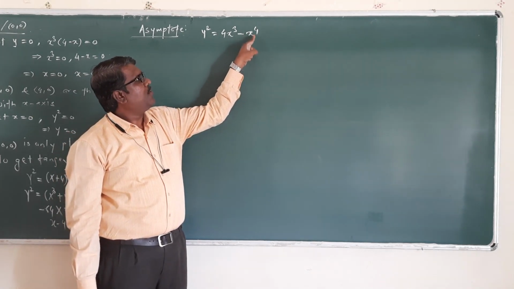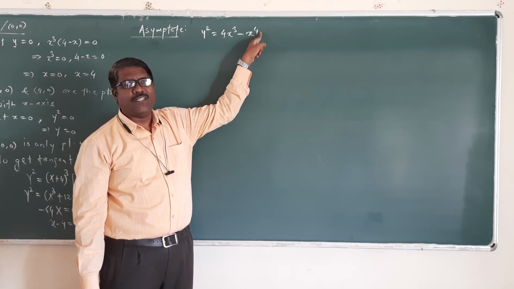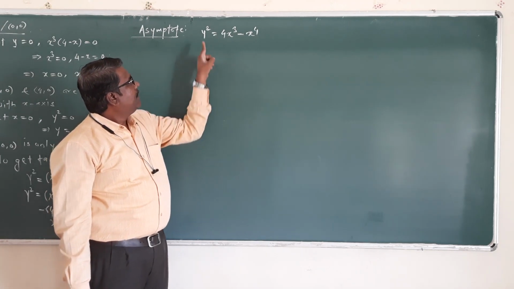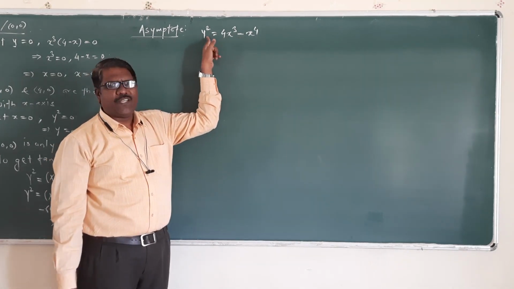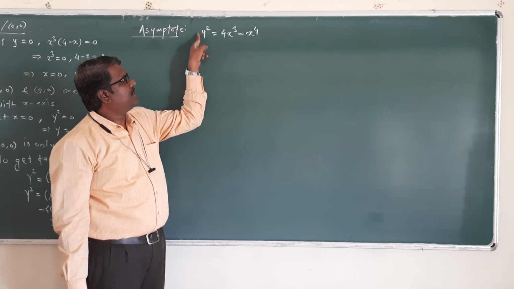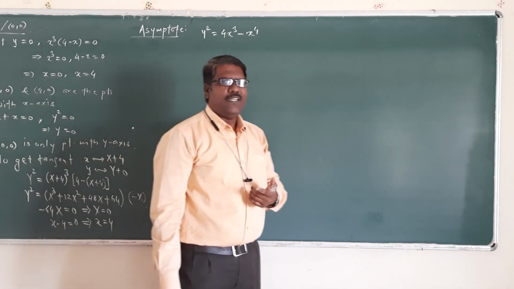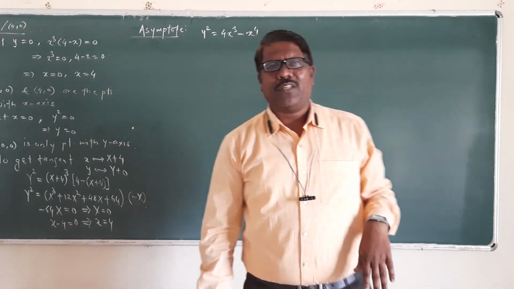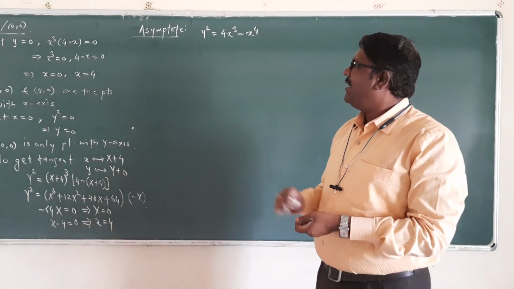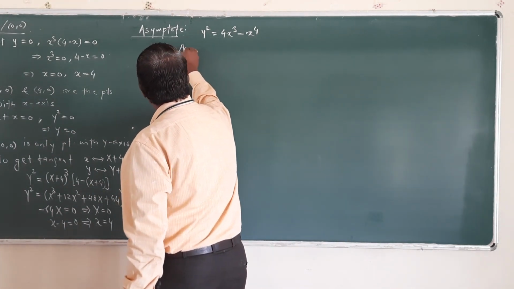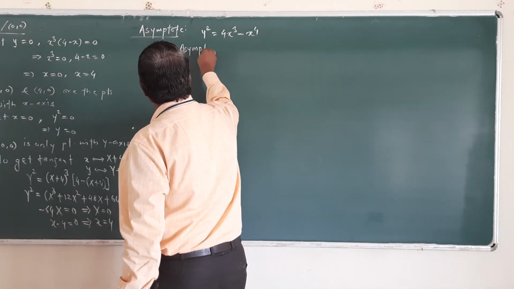As the coefficient of highest power of x is constant, the asymptote parallel to x-axis is absent. Similarly, the highest power of y is y square, again its coefficient is constant and therefore the asymptote parallel to y-axis is also absent. So for the given curve, asymptotes parallel to both the axes are absent. So here I will write asymptotes are absent.